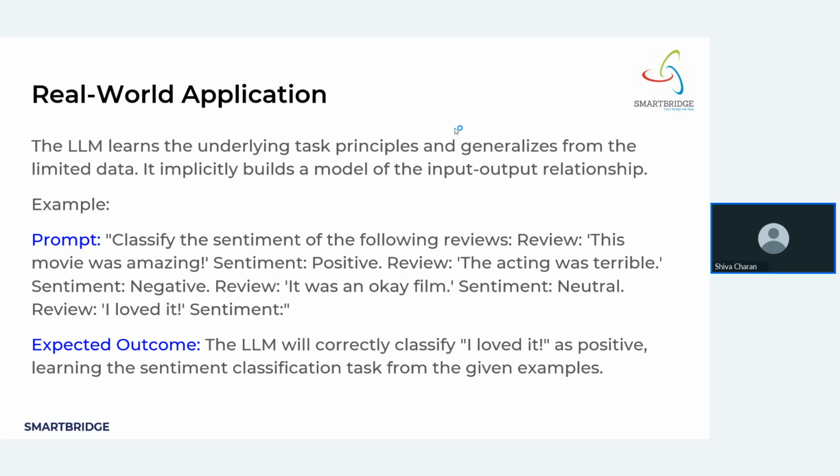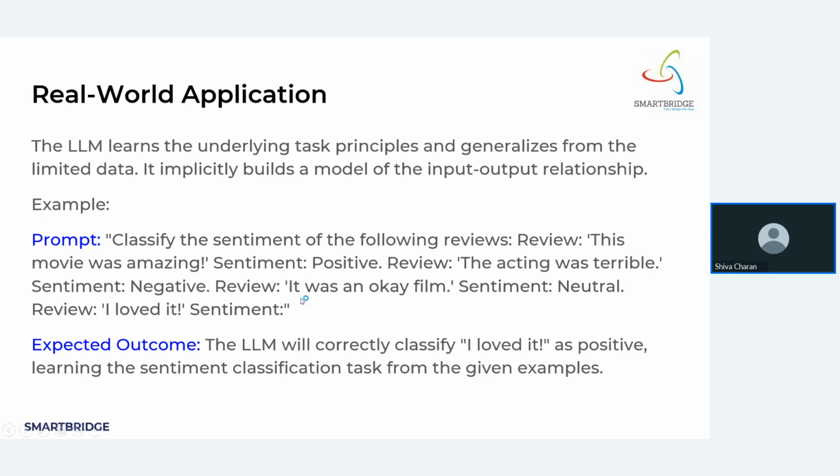So what it is saying, the LLM will learn based on the underlying task principles and generalizes from the limited data. It implicitly builds a model of the input-output relation. Example prompt: classify the sentiment of the following reviews. The review is about a movie and the sentiment is provided as positive, and another review with sentiment as negative, and then another review, and what could be that particular sentiment.